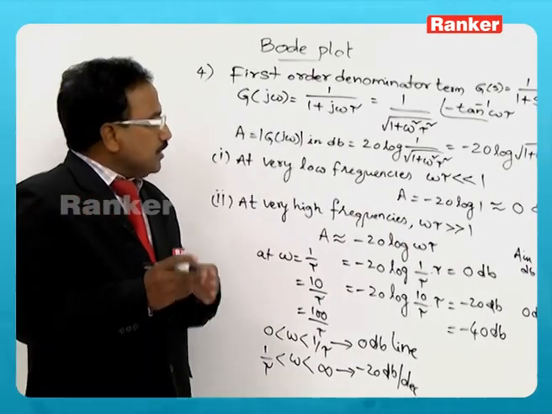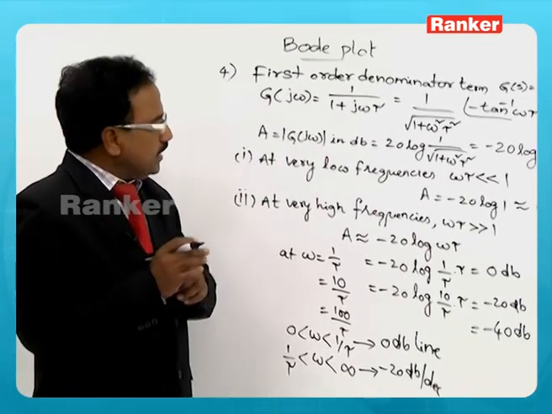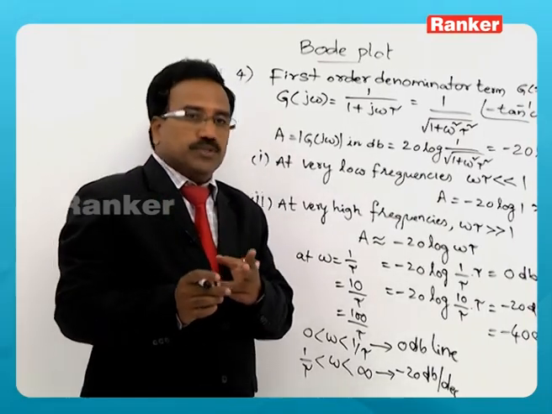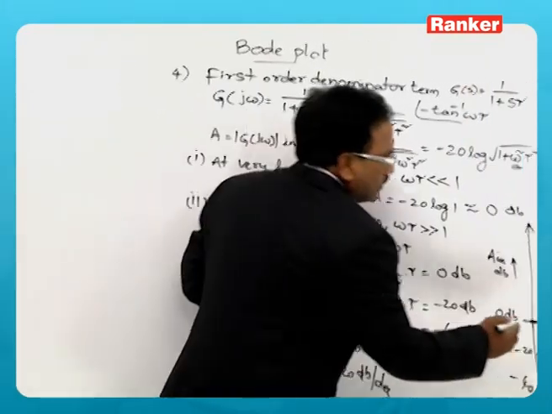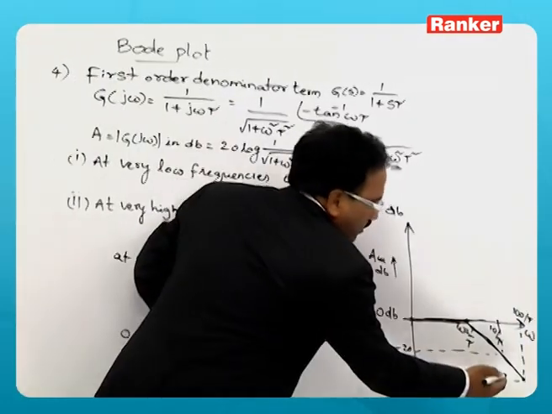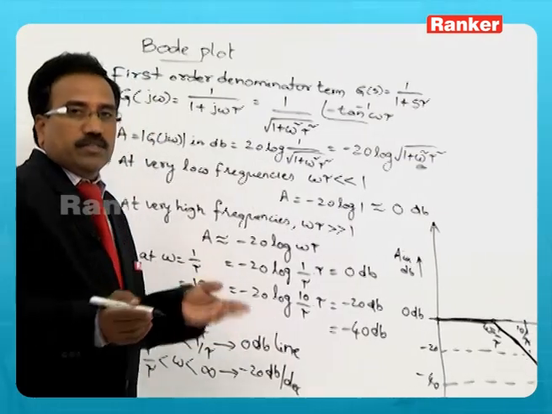So, I can assume that the Bode plot for this denominator first order term has two asymptotes. This is a 0 dB line for low frequencies and this is a minus 20 dB per decade line at high frequencies.